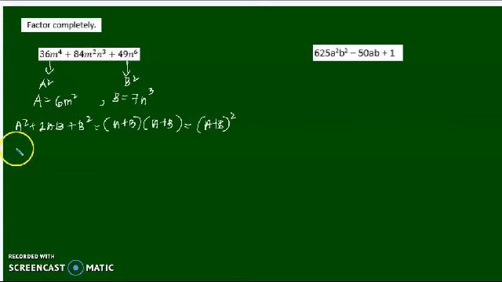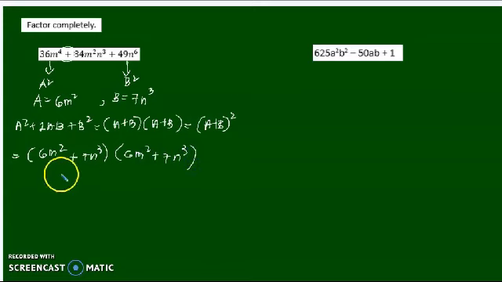So therefore, the factors are 6m squared plus 7n cubed times the quantity of 6m squared plus 7n cubed, or that is the square of the sum of 6m squared and 7n cubed.